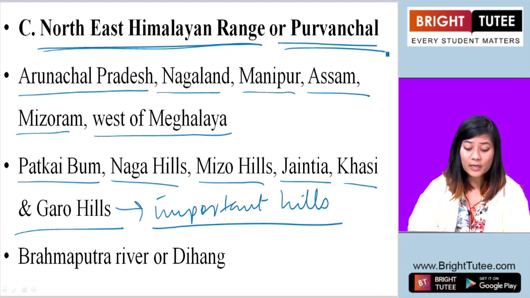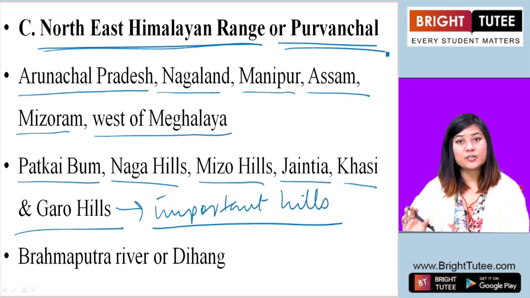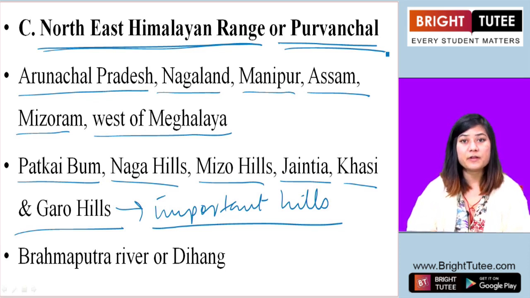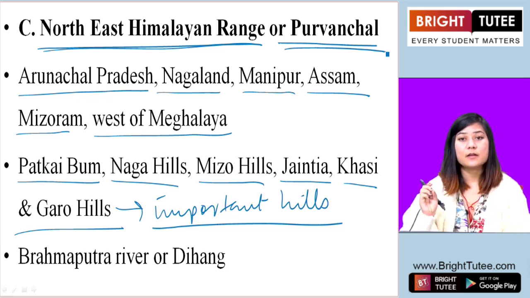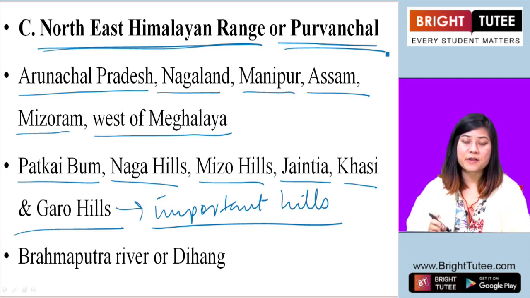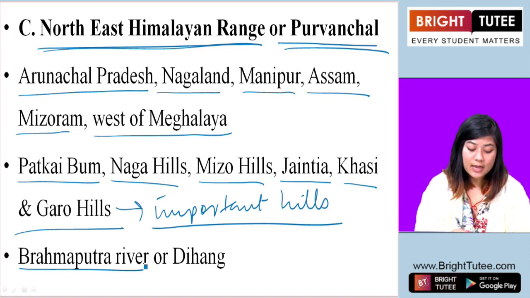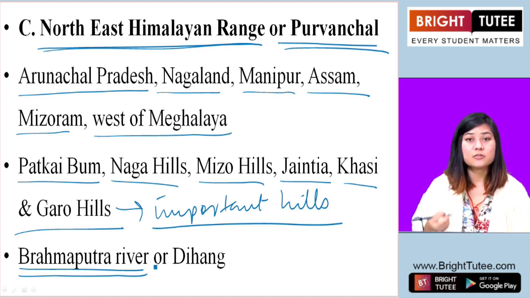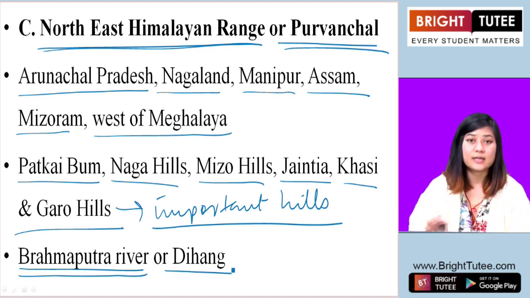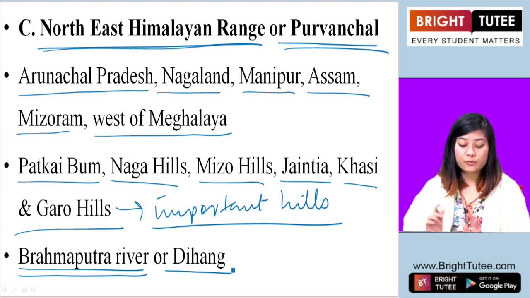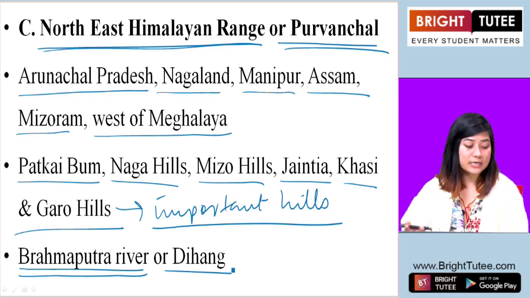Okay, now in this part of the Himalayan range, one of the rivers that is very important and plays a very important role is the Brahmaputra river. This Brahmaputra river is also known as the Dihang in the northeast. We will look at its name in a much more detailed manner later.